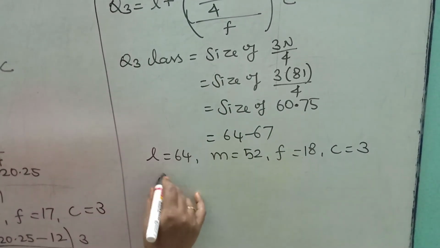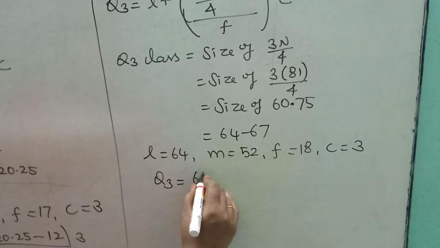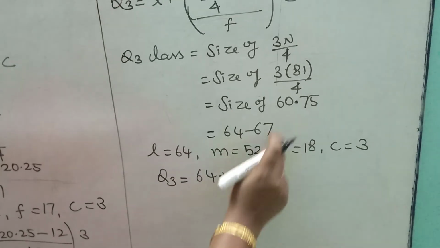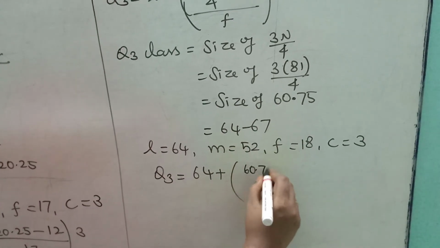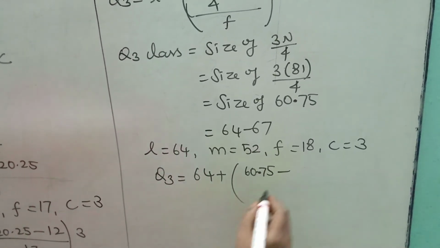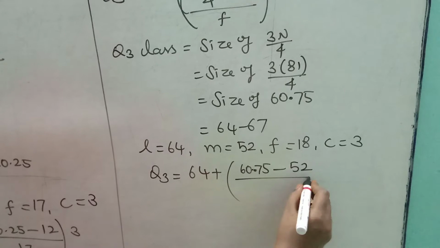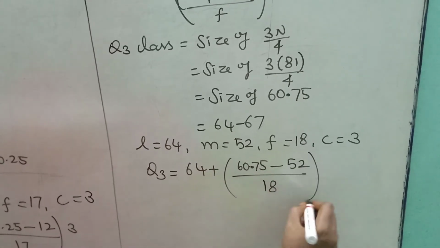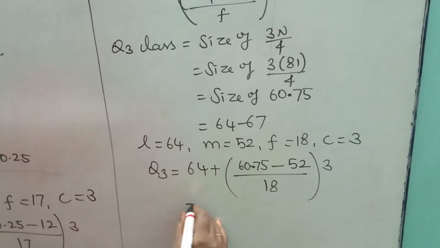Substituting in the Q3 formula, L plus 3n by 4. 3n by 4 is 60.75 minus m value 52, divided by frequency value 18. Class interval is 3.